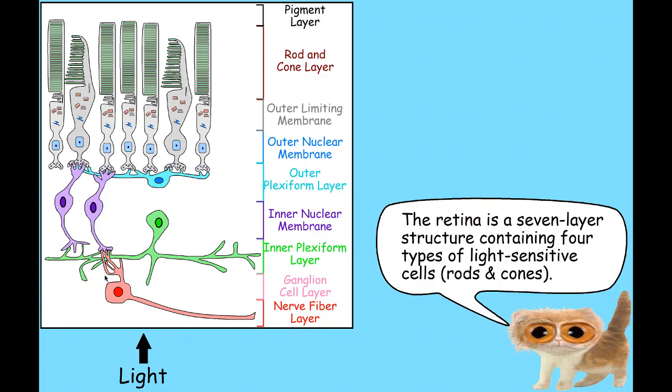The ganglion cell layer contains the ganglion cell bodies, and then they synapse on, connect to, cells in 3 different layers: the inner plexiform layer, the inner nuclear membrane, and the outer plexiform layer. And these 3 layers contain a number of different cells. And it's important to realize that all of these cells are processing the information about light intensity that gets transduced by the rods and cones back here.